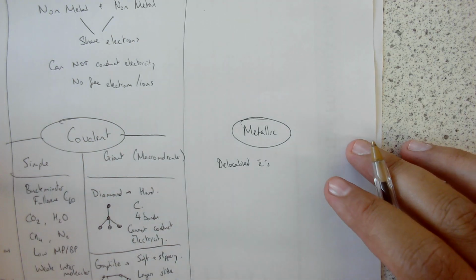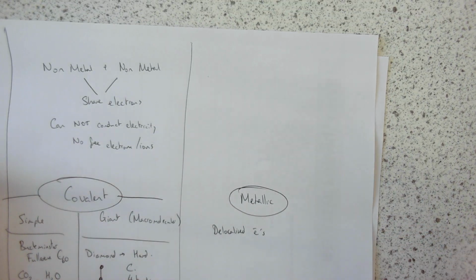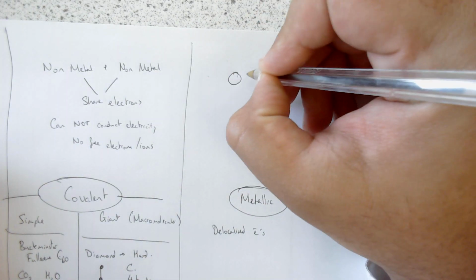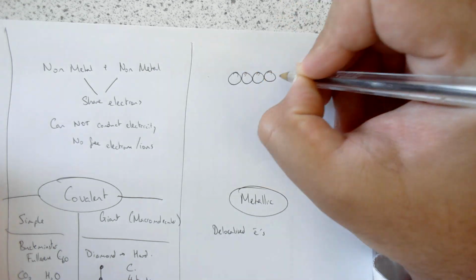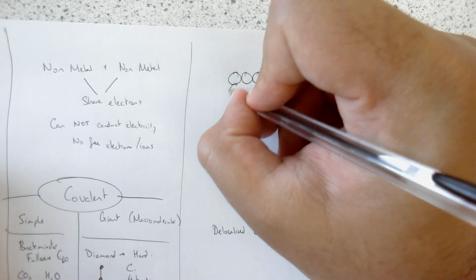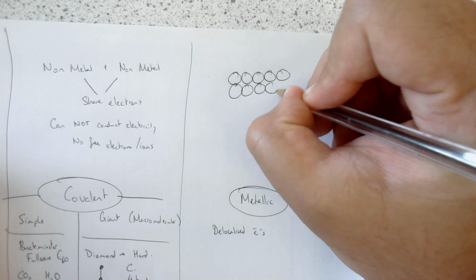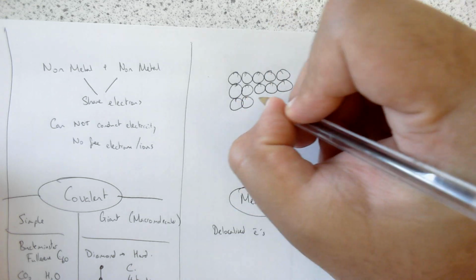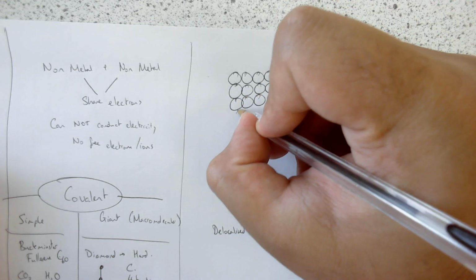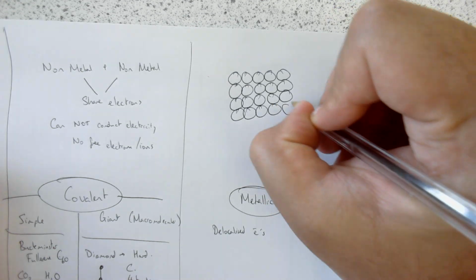Now I like to draw it as a picture. I think pictures are great. So if we draw it as a picture, there's some circles to represent the metal ions. Probably too many.